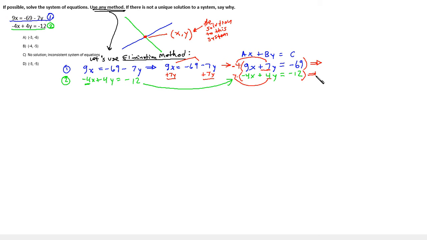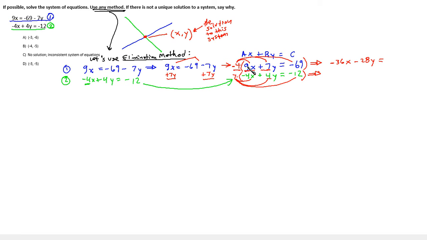These are going to transform now into resulting equations. So we're going to multiply both sides, every term, by these numbers on the outside, these red numbers. Okay, let's take it one equation at a time. Negative times +9 makes -36x. Negative times +7 makes -28y, like we had planned.